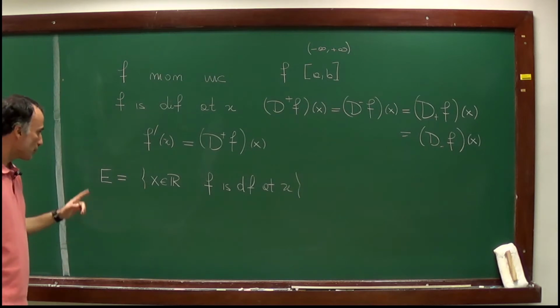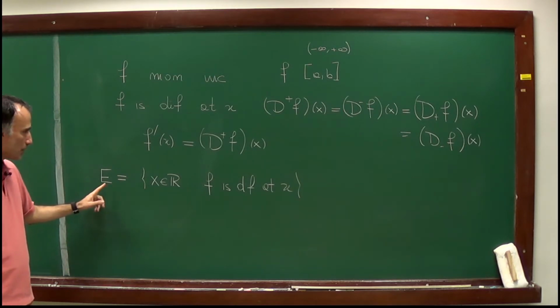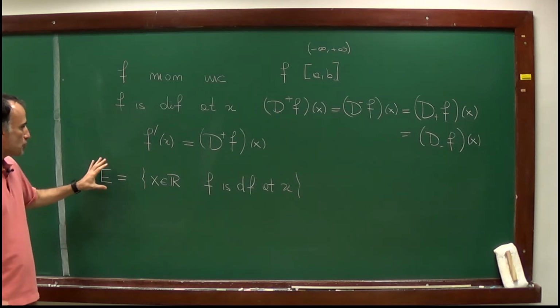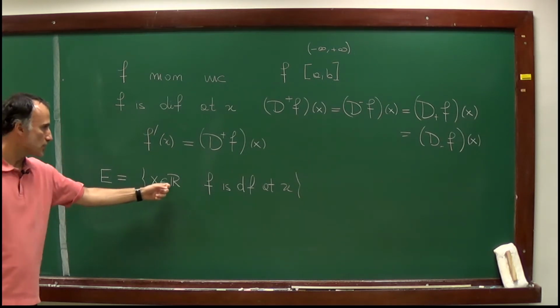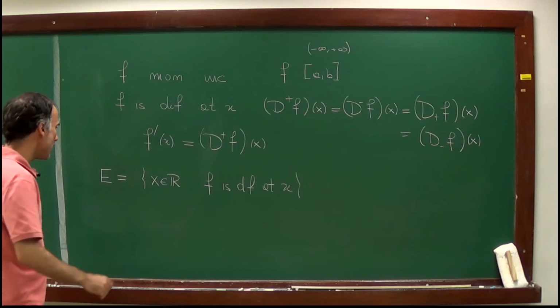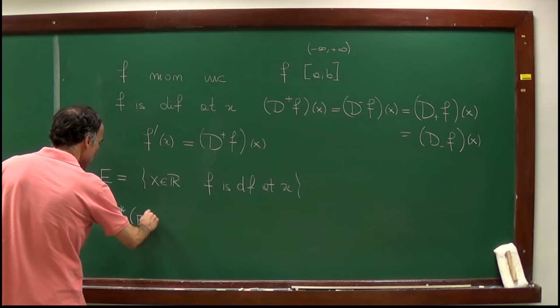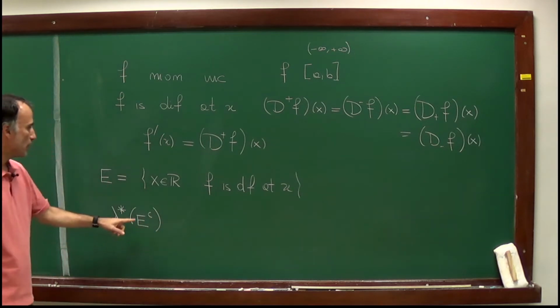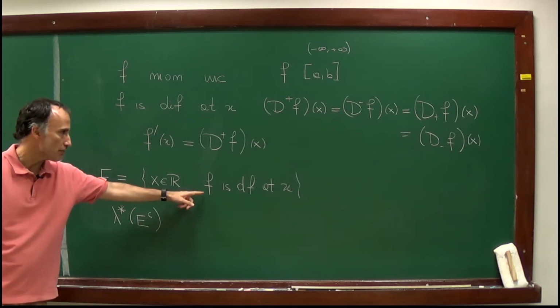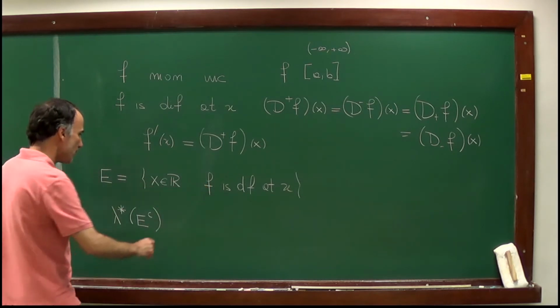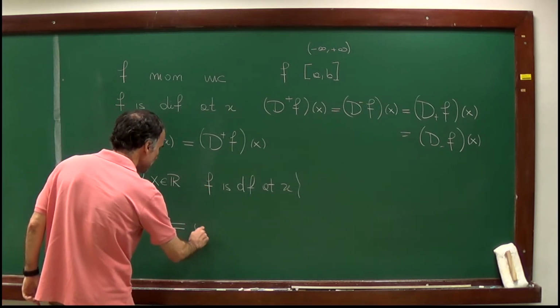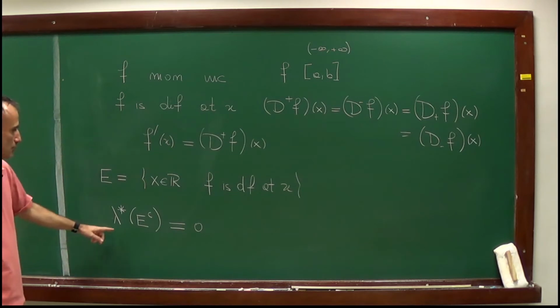And note that I'm not claiming that this set is measurable, right? I'm just defining this set. This is a subset of R. And what I would like to prove is that lambda of E complement, so I'm taking the points at which f is not differentiable, and what I would like to show is that this set has measure 0.